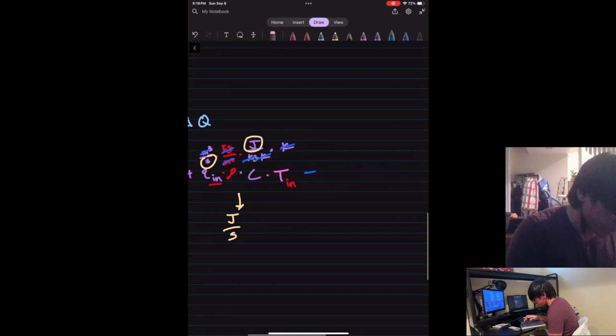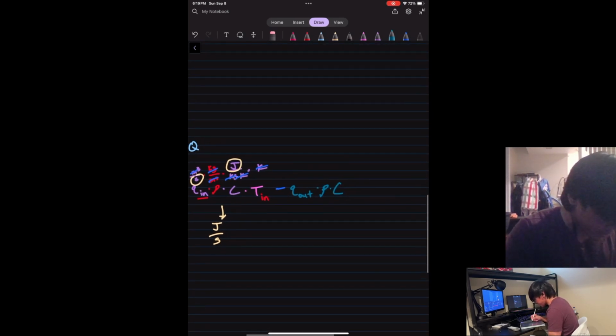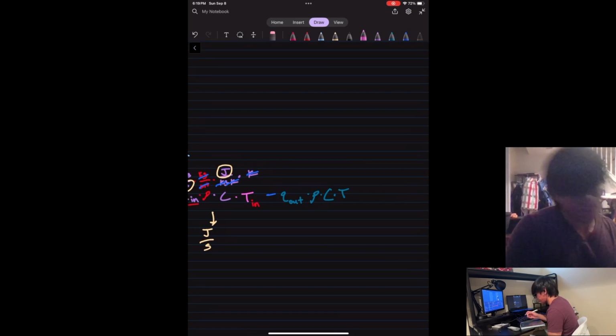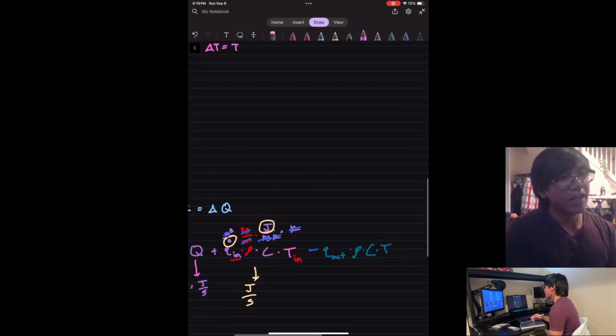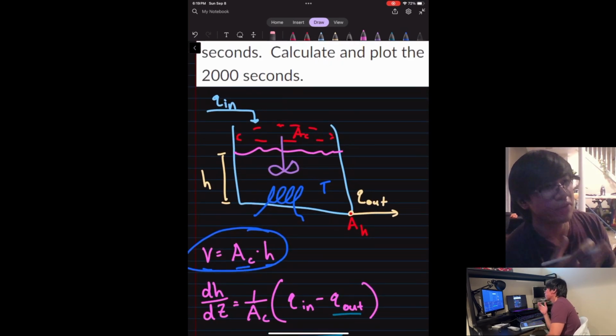Now we have some energy going out, and that is pretty similar to our energy going in, except now it's a volumetric flow rate going out times our density times specific heat capacity times our temperature out. Now what's important is I actually didn't write temperature out, I wrote T. And that goes back to how I mentioned earlier that this is a perfectly mixed, well-mixed tank.